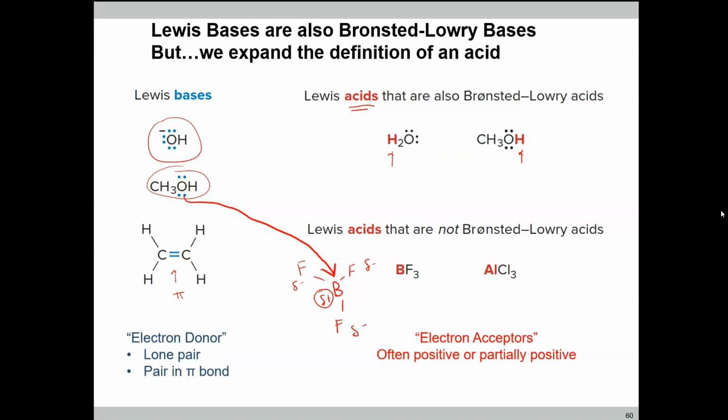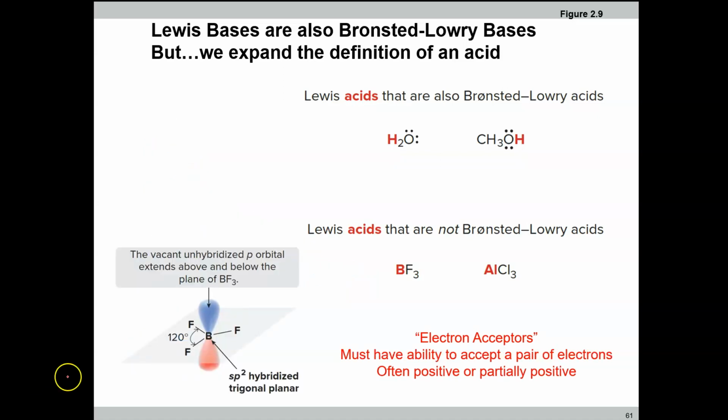So as we go through all of these different explanations or descriptions of acids and bases, depending on who's coming up with them, each is just talking about something a little bit different, in terms of what the research and the things that they were studying at the time involved. Here you can see that this boron has an open p orbital that's vacant, that has nothing in it.